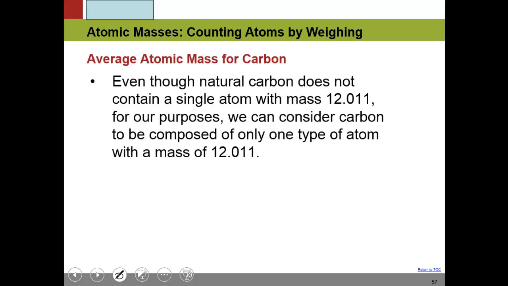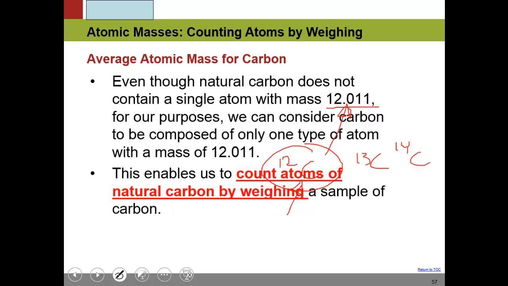So for carbon, the average atomic mass is 12.011. Because we have carbon 12, carbon 13, and carbon 14, we're going to notice the most abundant isotope is closest to the mass found on the periodic table. So carbon 12 is the most abundant isotope of carbon.